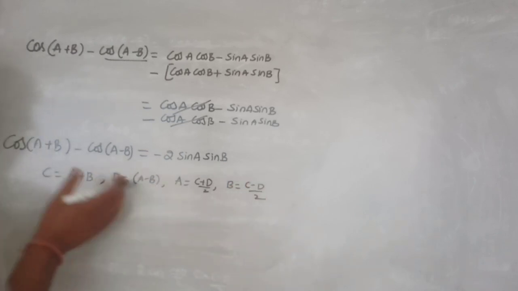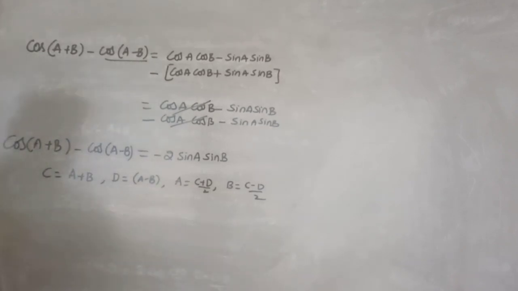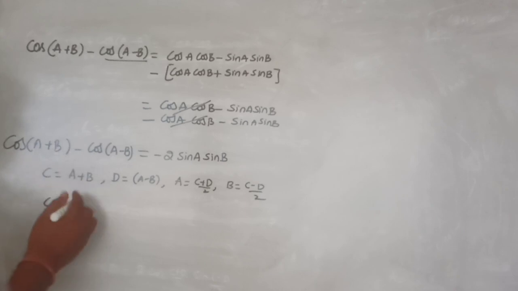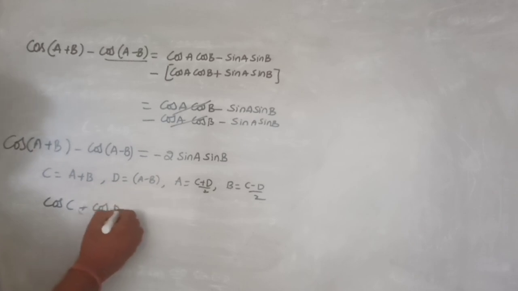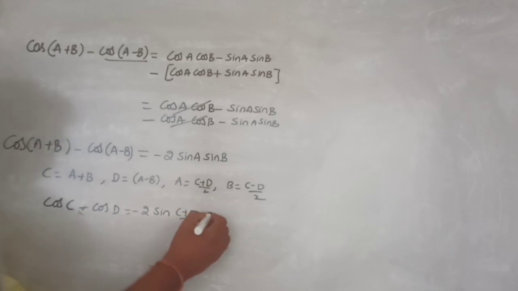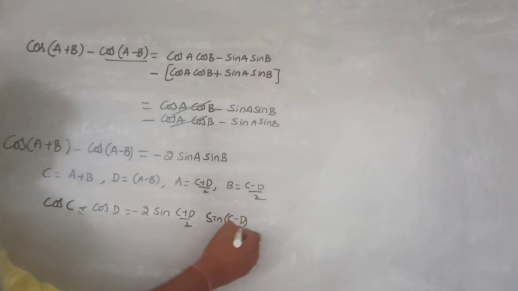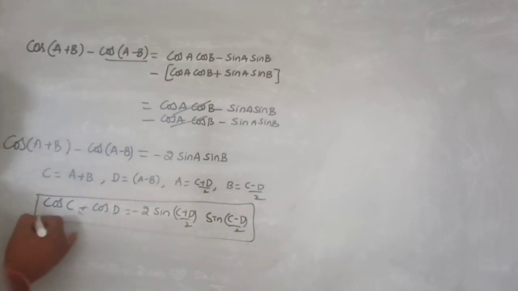So substitute these values: cos of A plus B is cos C, cos of A minus B is cos D, so minus 2 sin of C plus D by 2 sin of C minus D by 2. So this is the formula for cos C minus cos D.